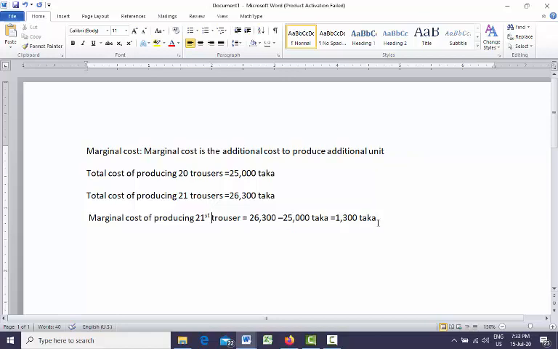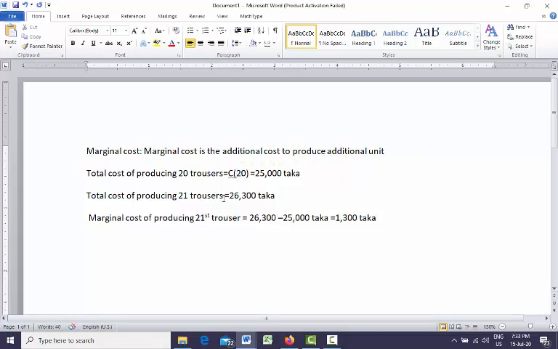So this is 1,300 taka. Now how should you write it in a formula? If the total cost function is denoted by C, then C of 20 is the total cost of producing 20 units.